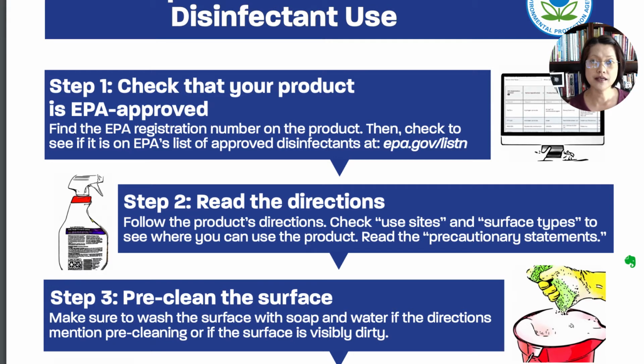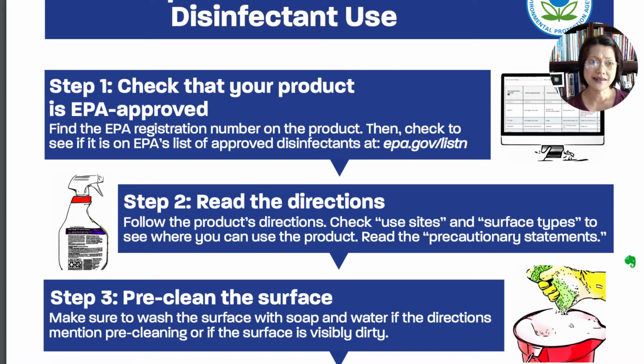So if you're using a Canadian product and you don't find it on the EPA list, that doesn't necessarily mean that it's not safe or effective. It just means that it hasn't been submitted to the EPA because it's a Canadian product and the EPA is an American agency.